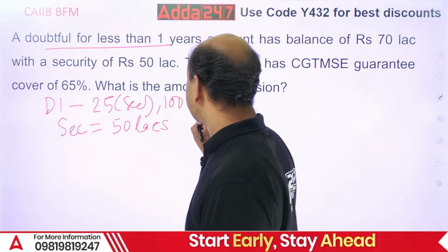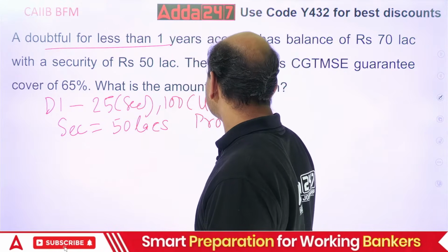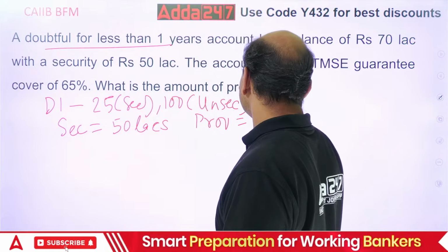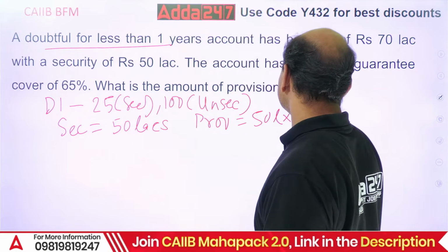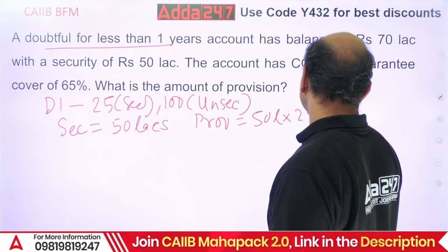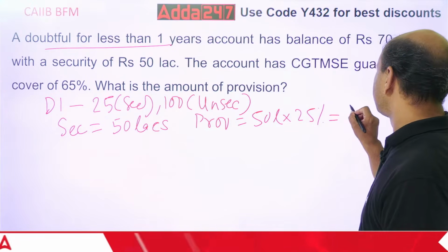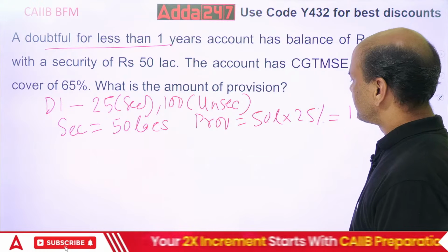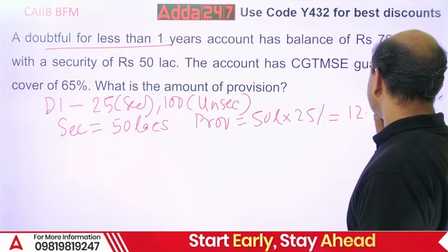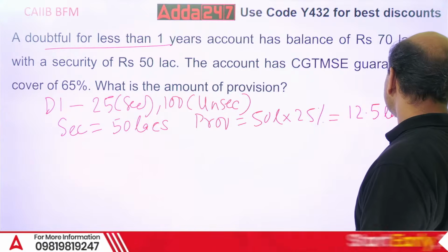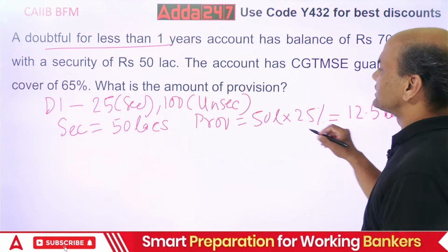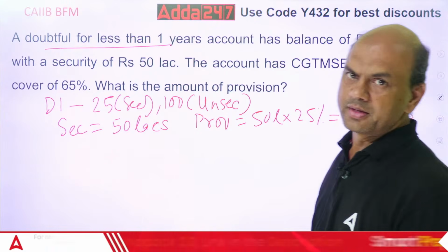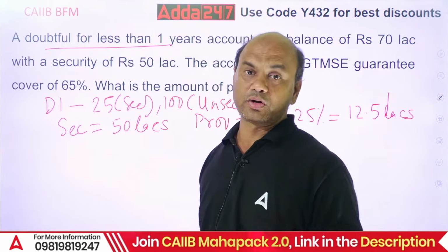So provision equals 50 lakhs into 25%, that is equal to 12.5 lakhs. This is your provision for the secured part.